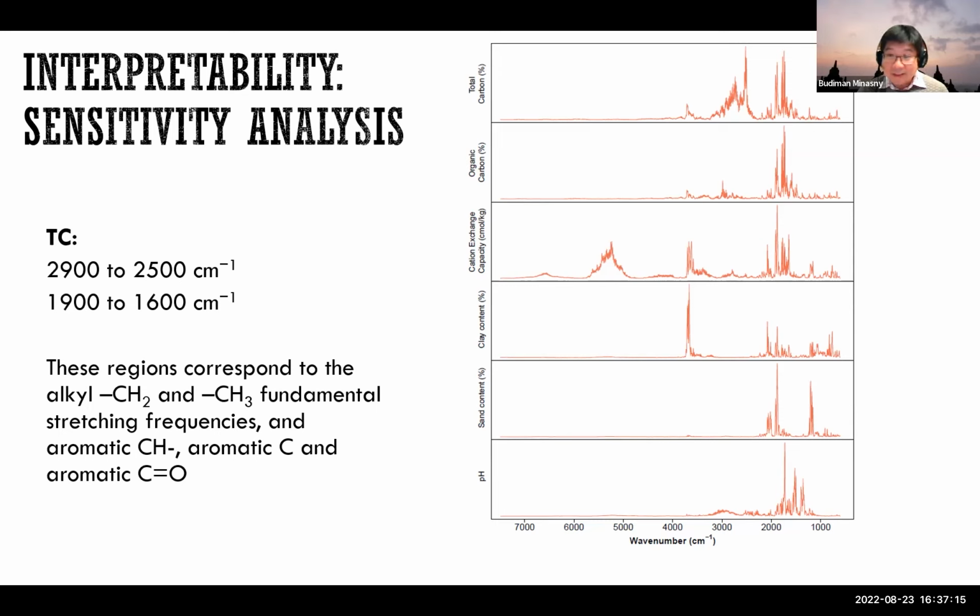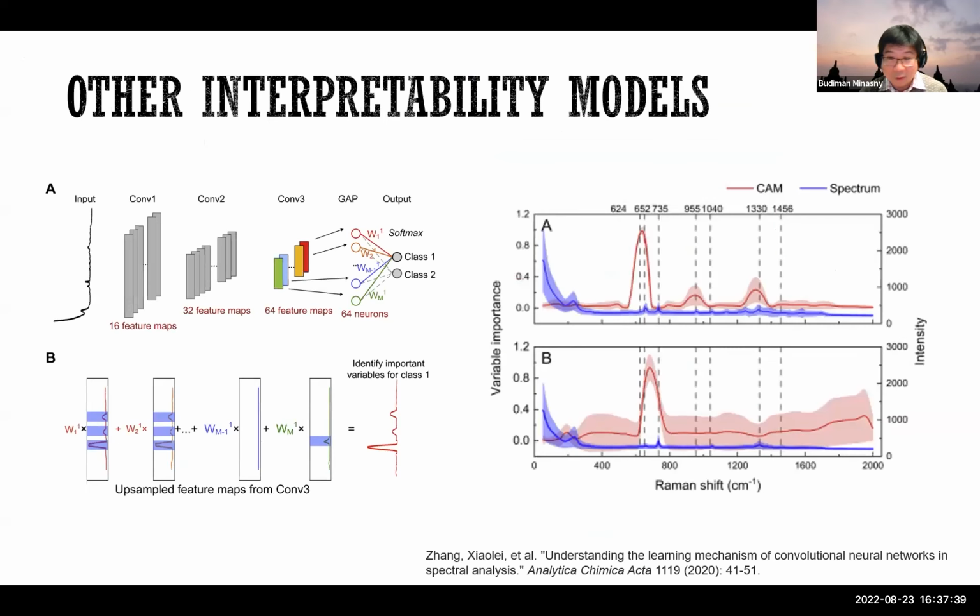So it's interesting that the CNN is not sensitive to all the bands, but only to particular bands that, if you perturb them, change the prediction. This is a simple way of how we did interpretability of the model.